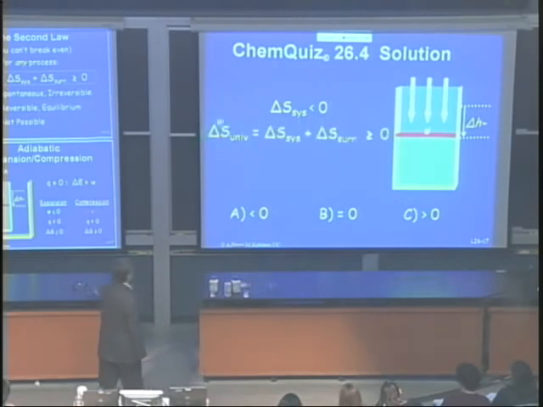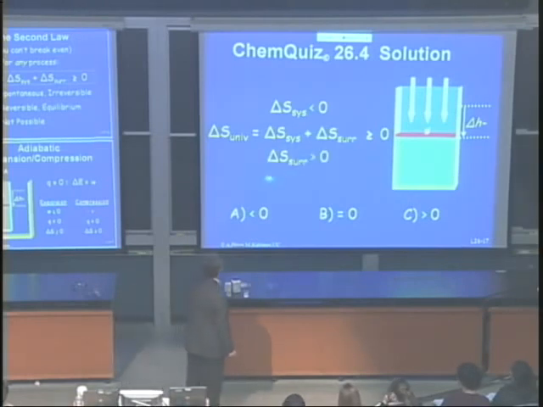The delta S of the universe is delta S of the system plus delta S of the surrounding. It has to be larger than 0. Even without thinking of the heat, I have to say that for this to happen, the surrounding has to be larger than 0, because I have to have that number larger than 0. But the delta S of the surrounding, because heat is flowing into the surrounding, is larger than 0.